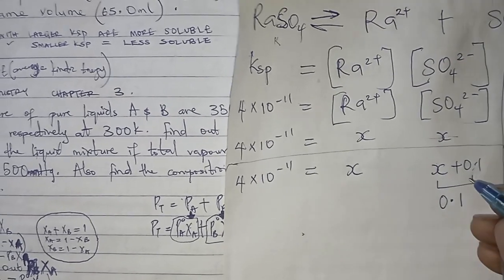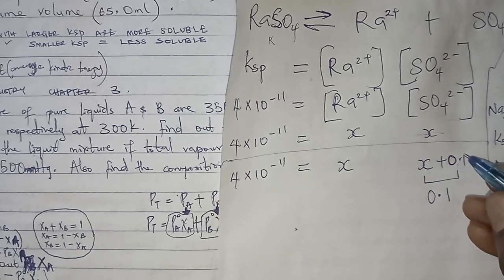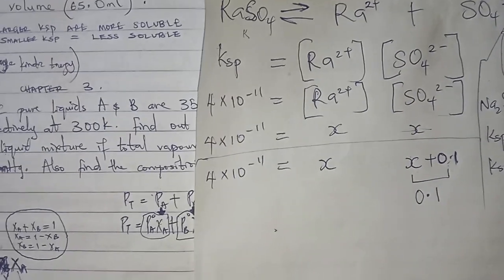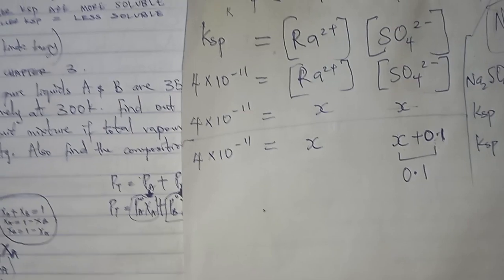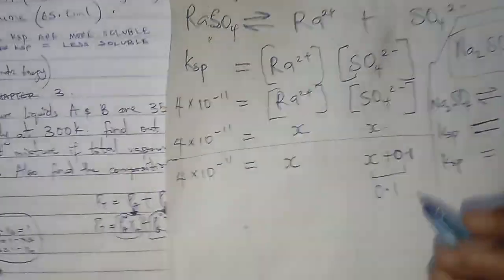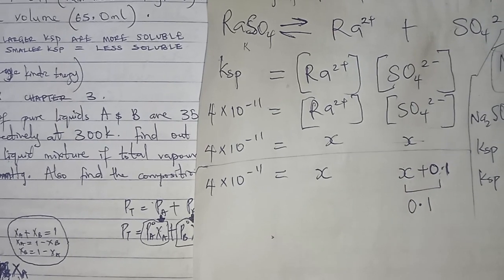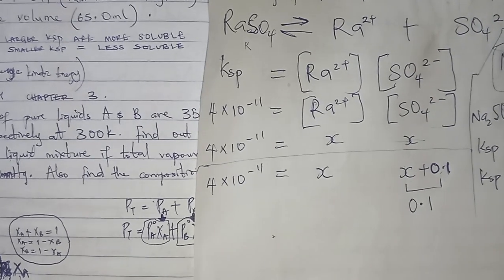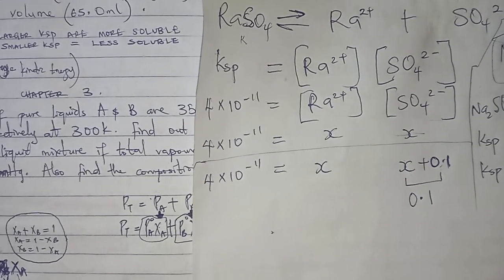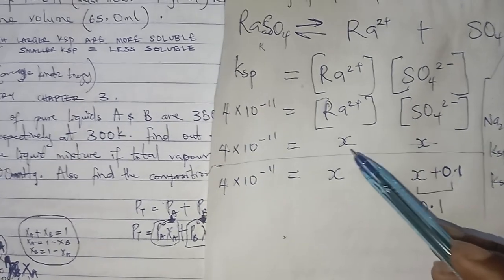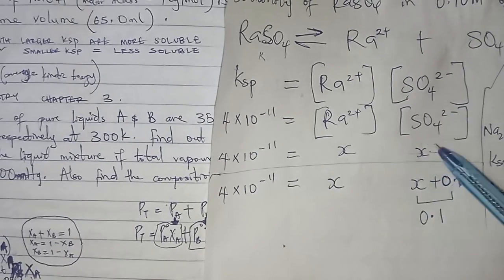Or they tell you since the Ksp is small, it will not make much impact. We did that one in class. But since I found SO4 2 minus inside the other one, assuming I put radium sulfate inside calcium fluoride, the two will not mix up. So what I will just solve for is the solubility, they will not mix up.